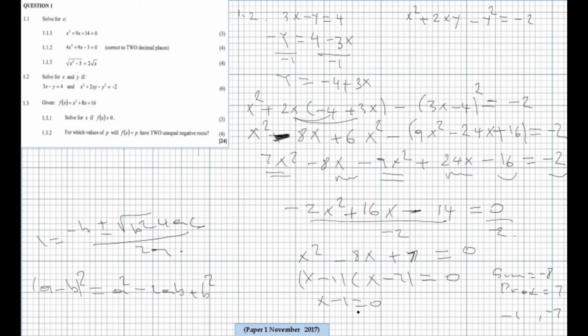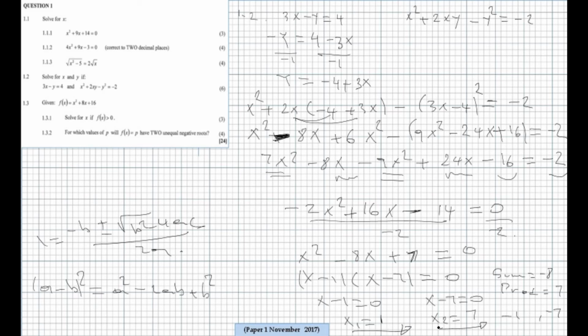So if x minus 1 is equal to 0, and x minus 7 is also equal to 0, I'm going to call it x1, since I'm going to find the value of x. So x1 will be, I bring negative 1 to the right hand side, it becomes 1, and then x2 will be 7.